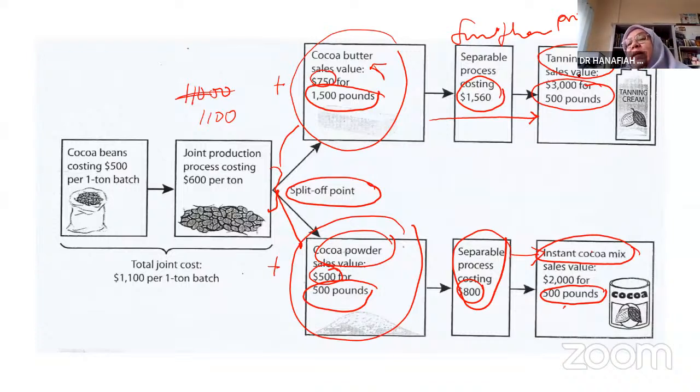However, you will later calculate first whether you should proceed or not based on the profit that you earn. Okay, when we look at the figures, they look interesting, but it doesn't mean it's going to profit you. All right, we will look at the calculation later, whether it is wise for us to proceed with the further process or not. If not, then you decide to stop at the cocoa butter and cocoa powder. Right?